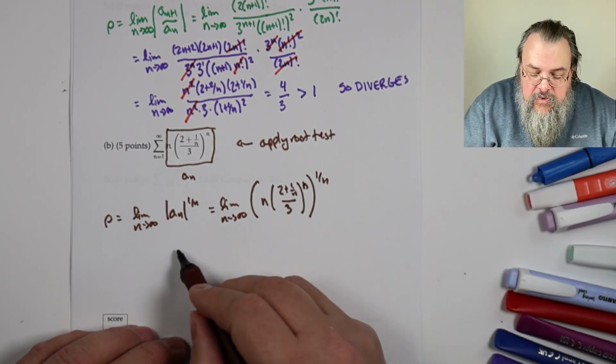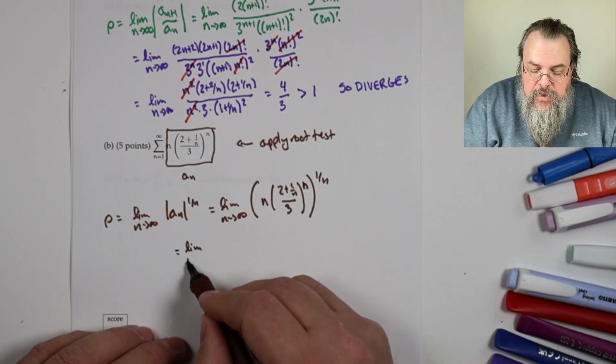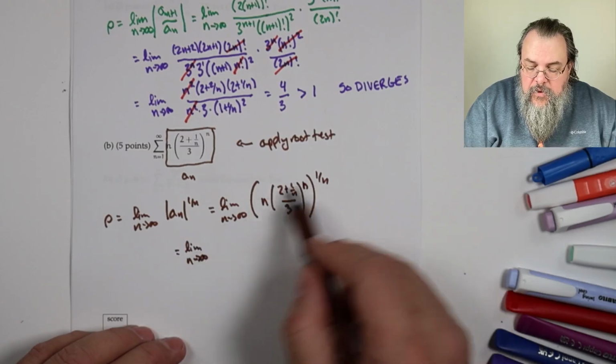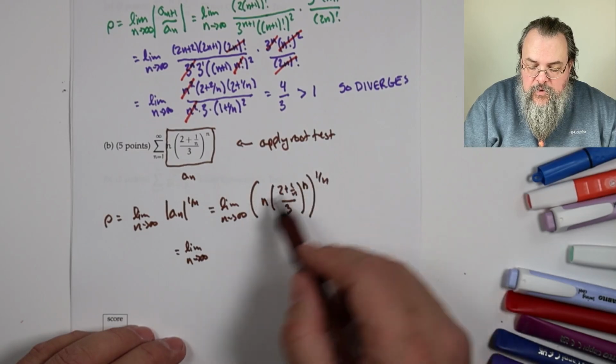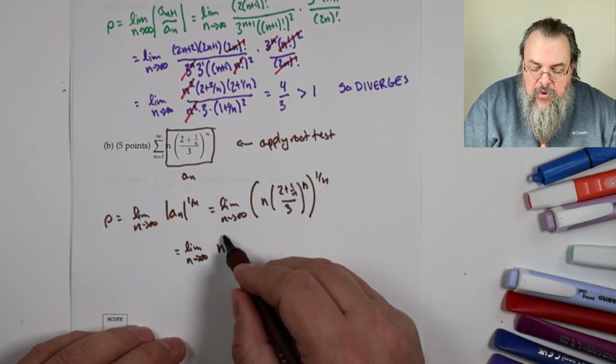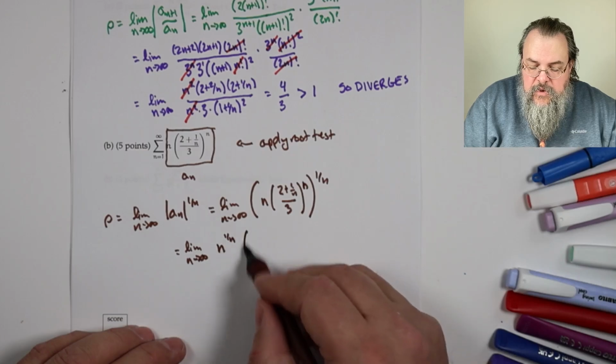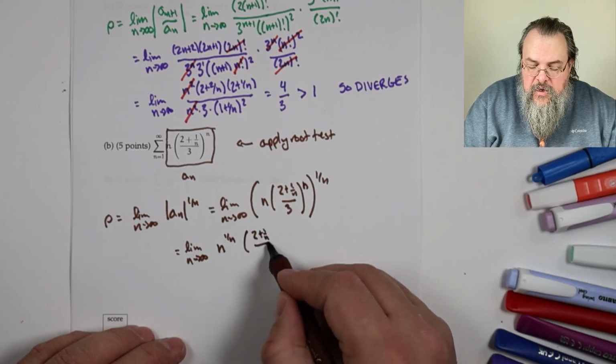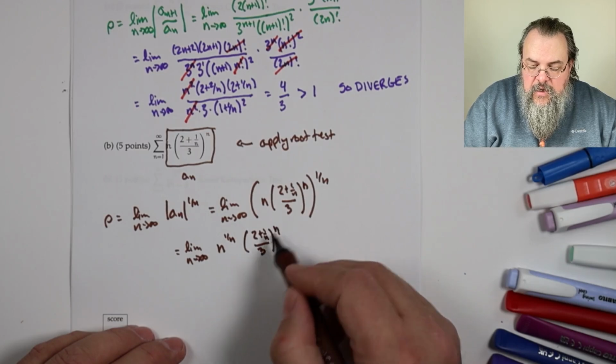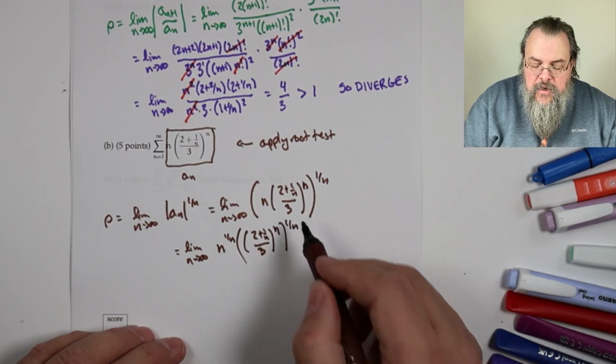Well, that's the limit. And now what we can do is distribute, in some sense, this 1 over nth power: n to the 1 over n, and then we have 2 plus 1 over n over 3 to the n, to the 1 over n.